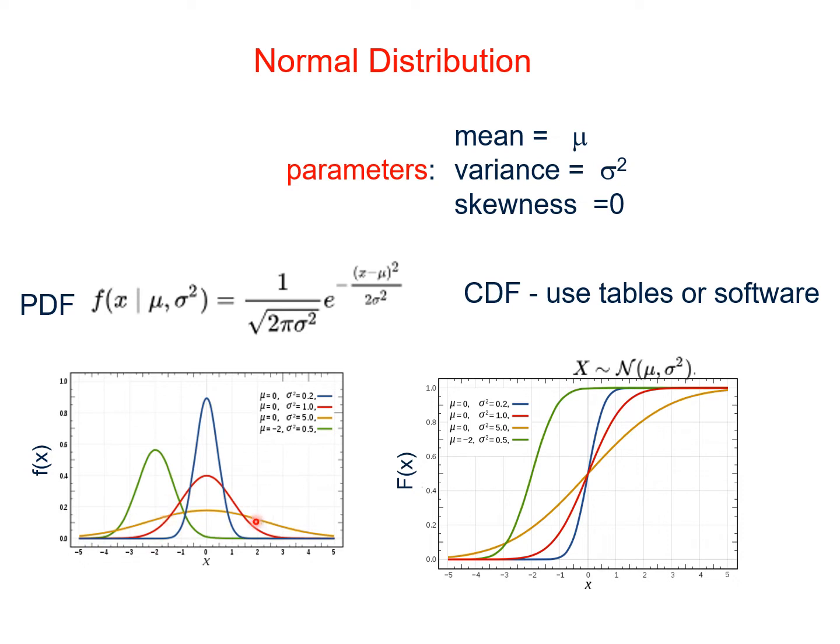And we also know that the area under the probability density function has to be 1, which means the left hand side area should be 0.5 and right hand side area has to be 0.5, and same with other distributions as well.